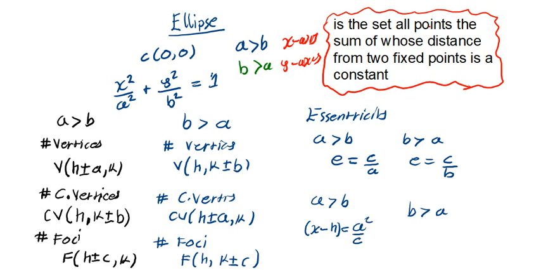But for this one, it is y minus k equals b squared over c. And you can manipulate it: this can also be equal to a over e, and this can be equal to b over e. If you just substitute where there is c, you put e multiplied by a, and it's just basic algebra there.